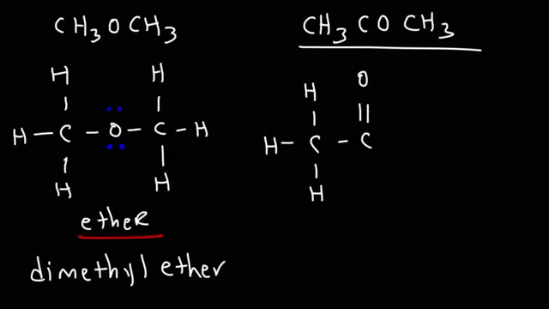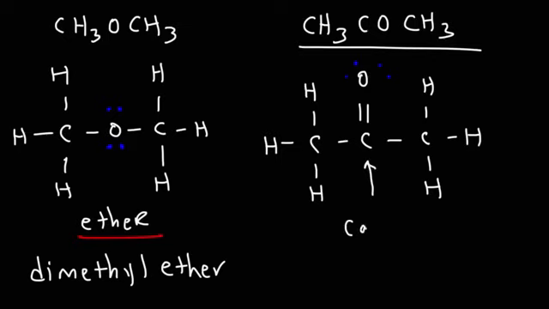We need to make another carbonyl functional group, and then write the methyl group. So in this case, every carbon atom has 4 bonds, the oxygen atom has 2 bonds, and every hydrogen atom has 1 bond. That's why it's important to know the number of bonds each element likes to make, because it makes drawing the Lewis structures a lot easier.